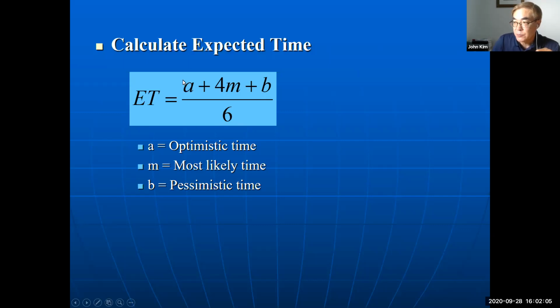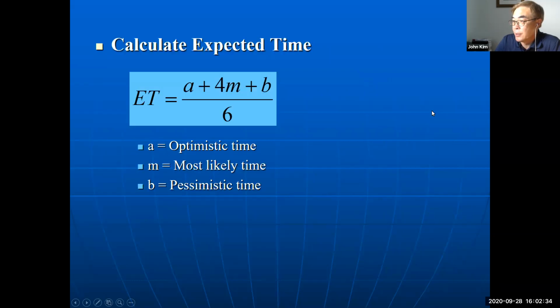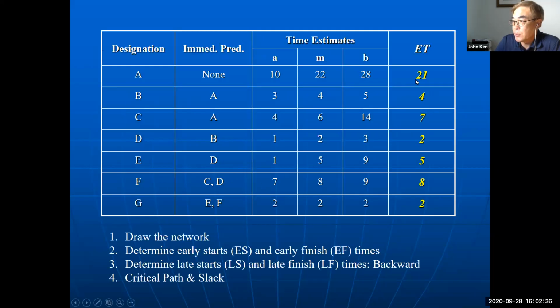Because the coefficients are 1, 4, 1, so 1 plus 4 plus 1 equals 6, so divided by 6. This is kind of a weighted average. So using three activity times, A, M and B, we can get expected time.